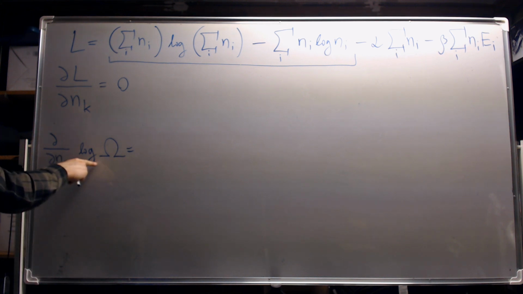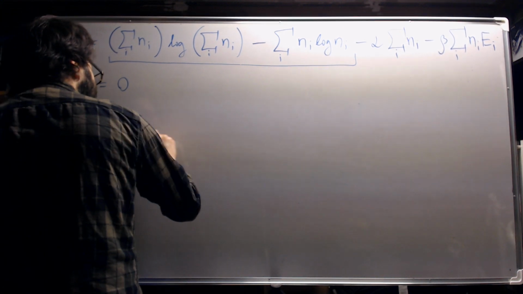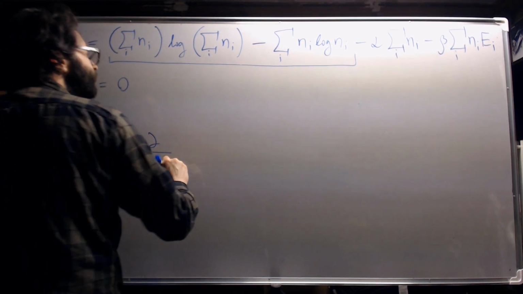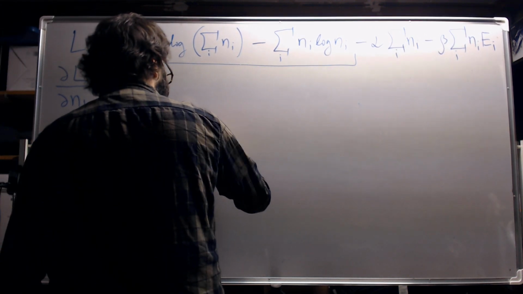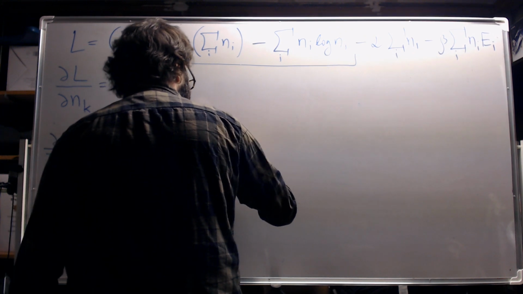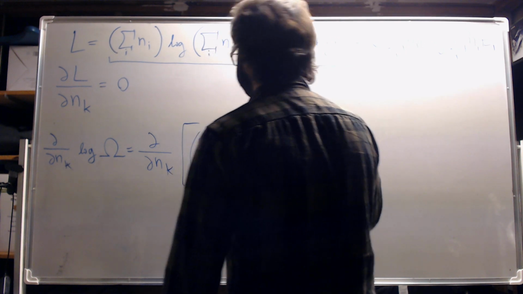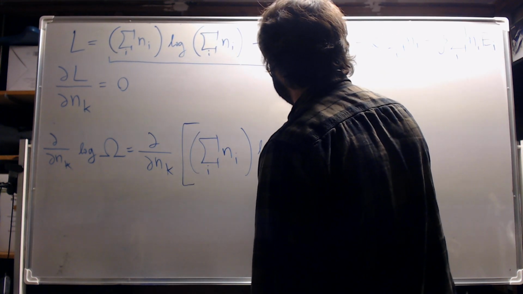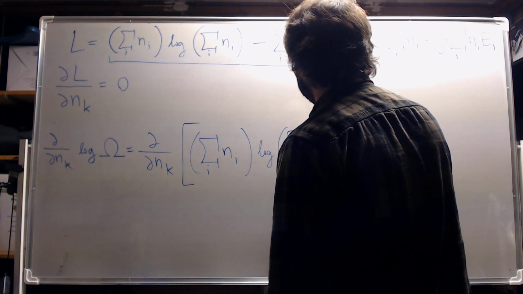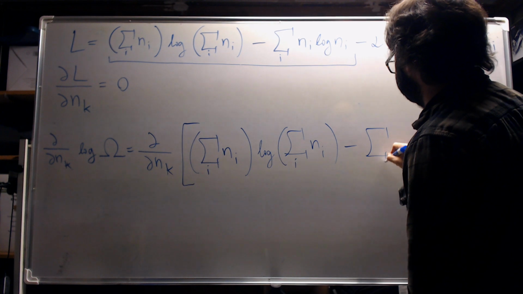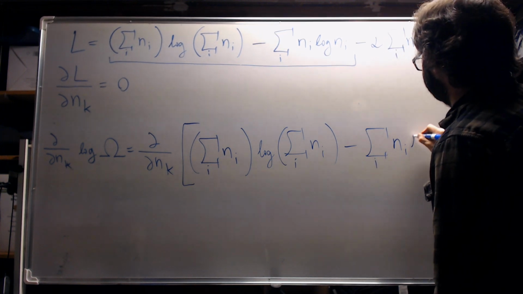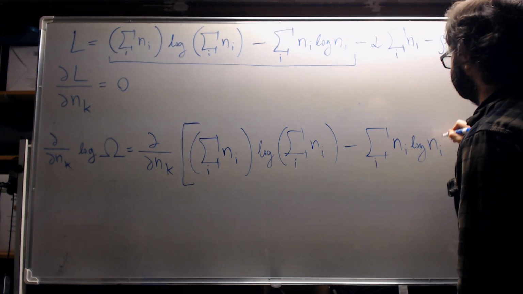We are taking a derivative of log omega with respect to some specific n sub k. This is d/dn_k of the first term, sum ni times log of the sum ni, minus sum ni log ni.